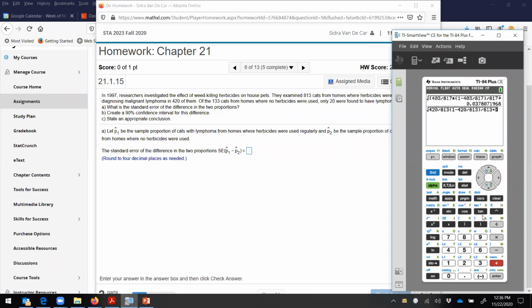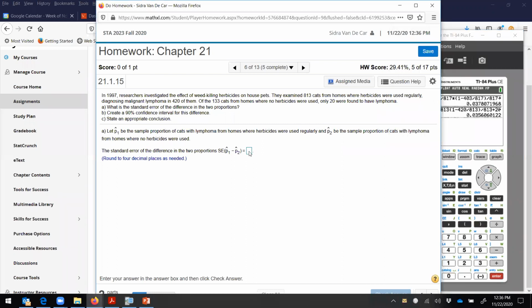Then plus the second fraction, which is 20 out of 133 times 1 minus 20 out of 133, and divide that by the 133. And we get 0.0356.